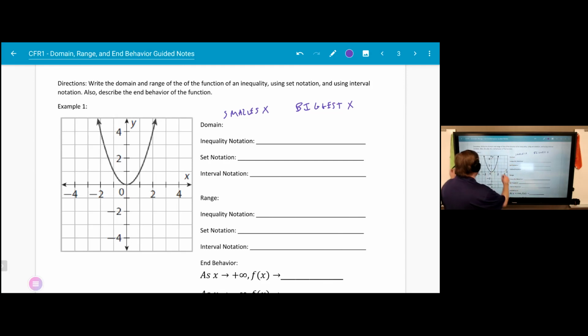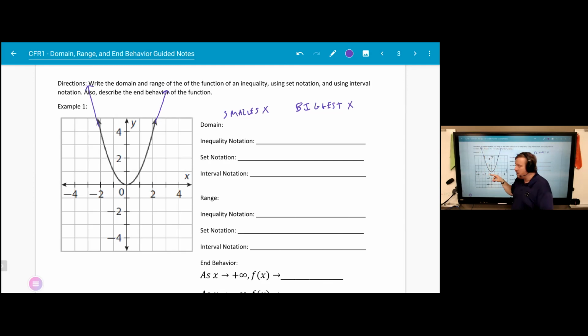And if I look at this, notice how these arrows would keep going and going and going. And I'm trying to figure out my smallest x value. Is there an x value where this stops? No, because this arrow keeps going this way, right?